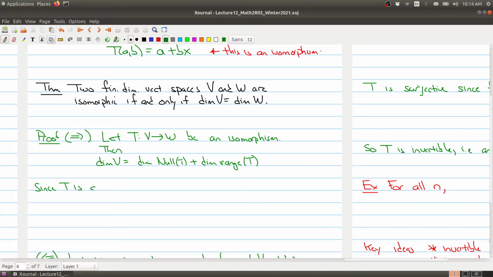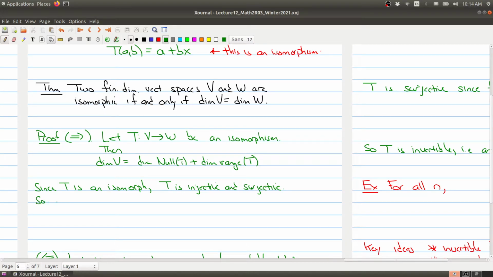since T is an isomorphism, T is injective and surjective. So we think about what this means in terms of the null space and the range.